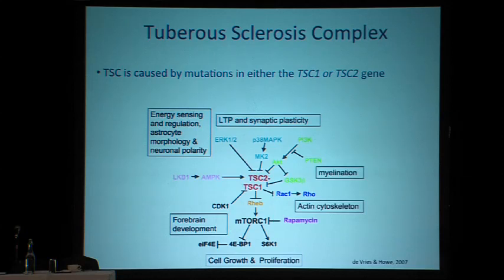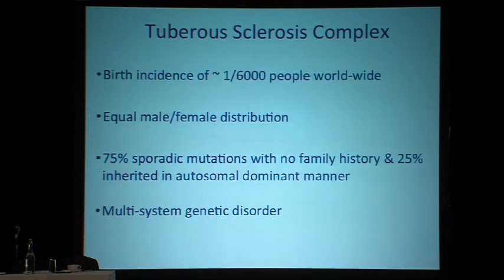So if there's disruption in this pathway, this leads to overactivation of mTOR, which then leads to dysregulated cell growth and proliferation. TSC has a birth incidence of 1 in 6,000, and it has an equal male-female distribution. 75% of cases are sporadic mutations, and then the remaining 25% are inherited in an autosomal dominant manner.